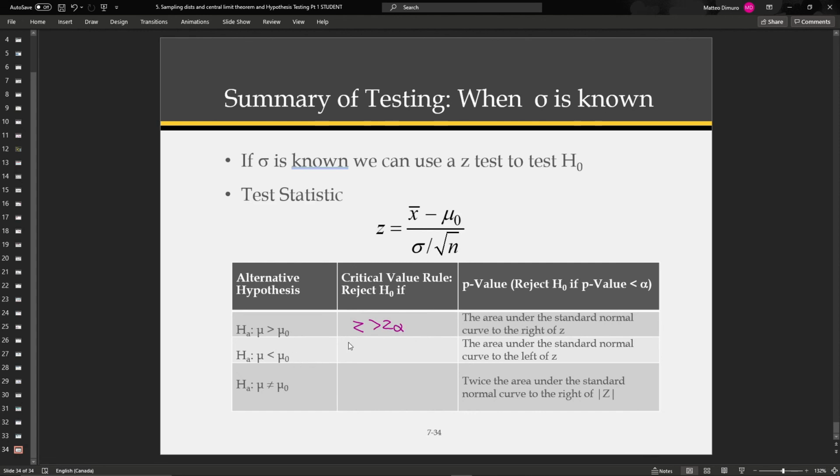If this is the case, then it's z less than negative z alpha, because this is a left-tail test, on the left-hand side of the table. And if it's not equal to, then it's more complicated because we need to check that z is less than negative z alpha divided by 2, or that z is greater than z alpha divided by 2. So there are two ways to reject it when it's a two-tailed test.